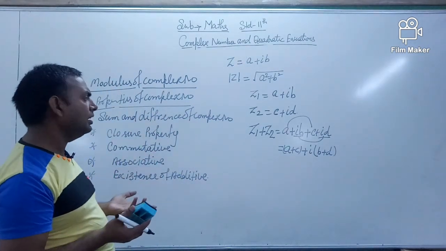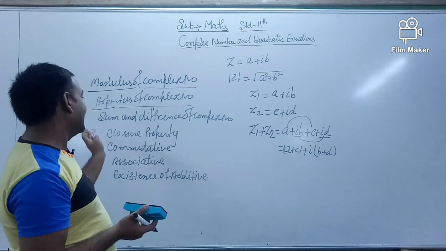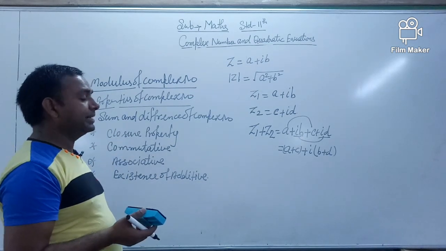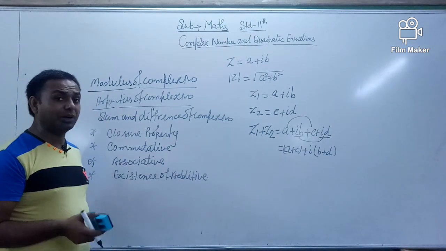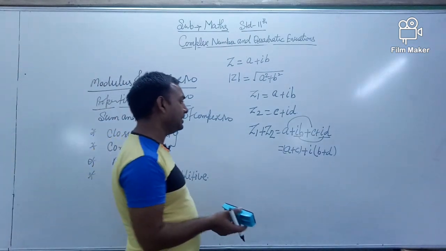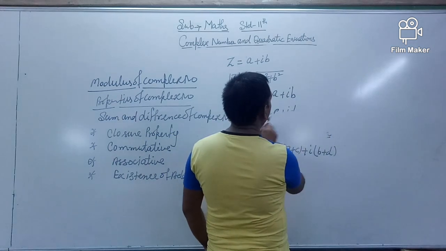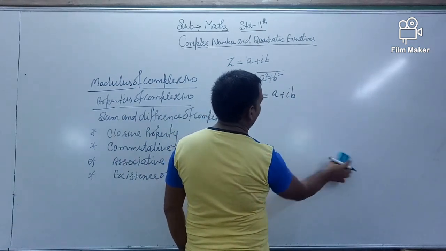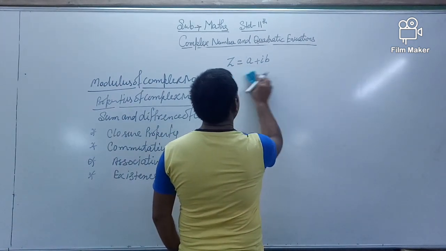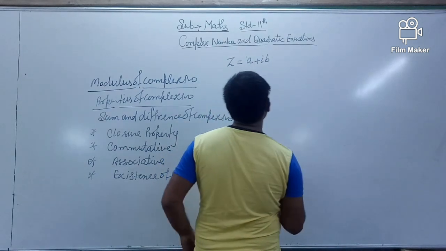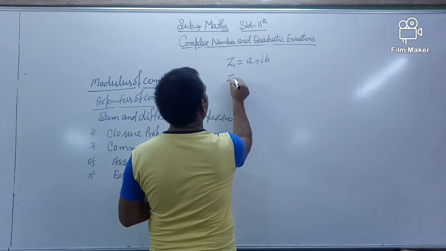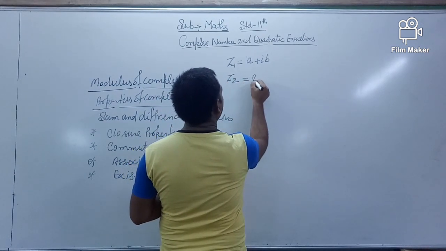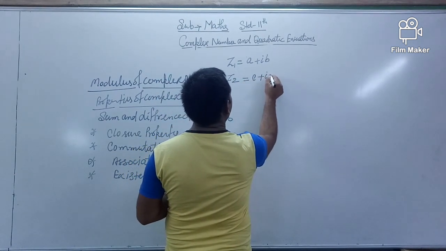Okay, there are some properties related to the sum of two complex numbers. The first property is the closure property. What is the closure property? Suppose you have two complex numbers: one is Z1 equal to A plus IB, and another complex number Z2 equal to C plus ID.